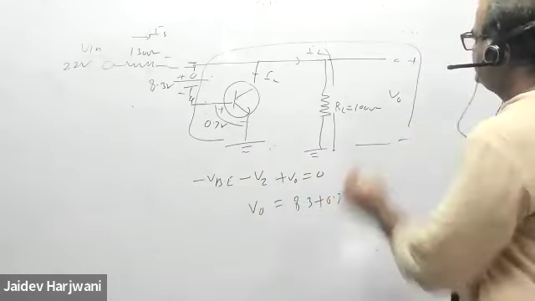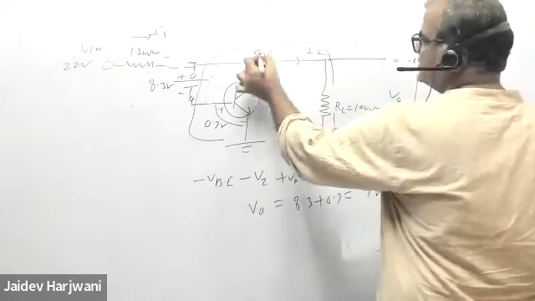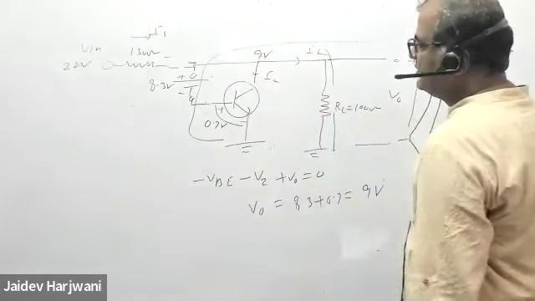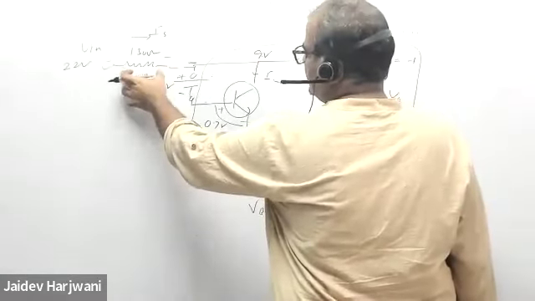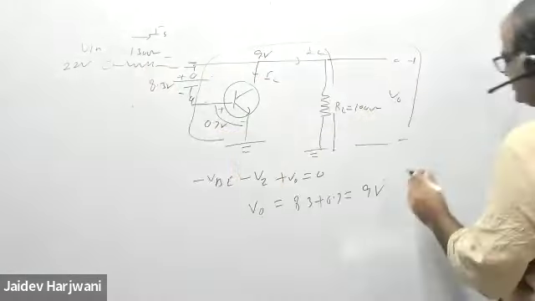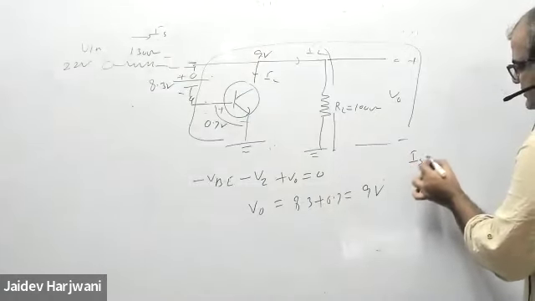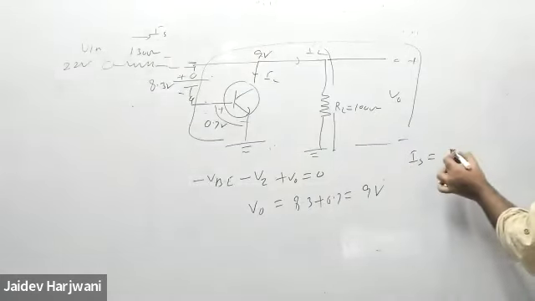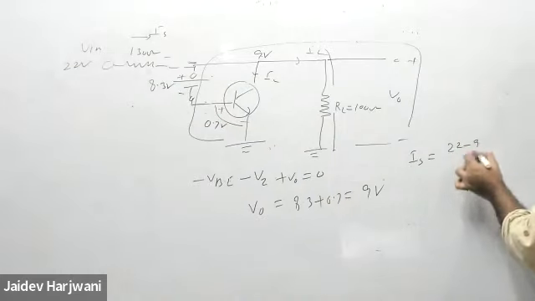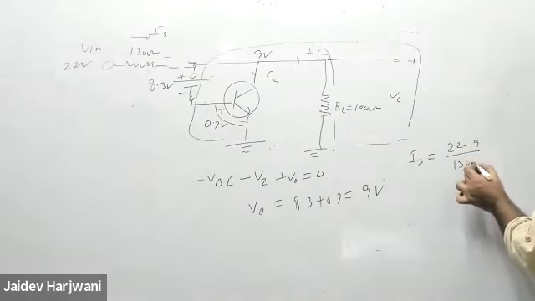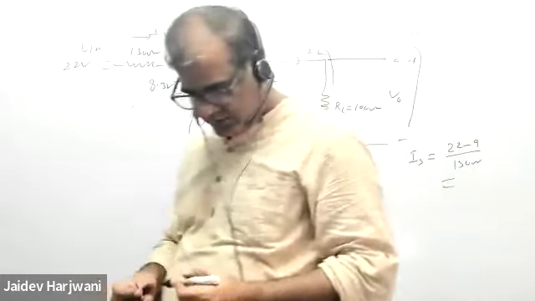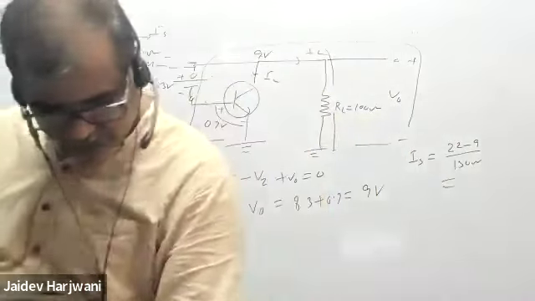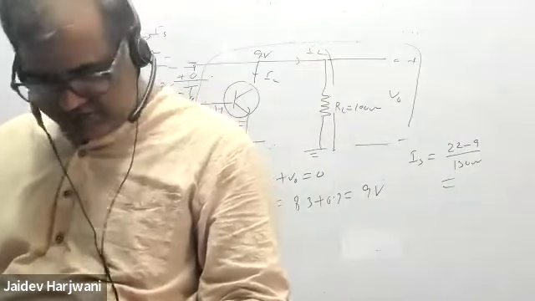Now once you know this 9 volt, you can immediately say what is this current IS. IS will be 22 minus 9 divided by 130 ohm. How much is it coming? What is the value of IS?